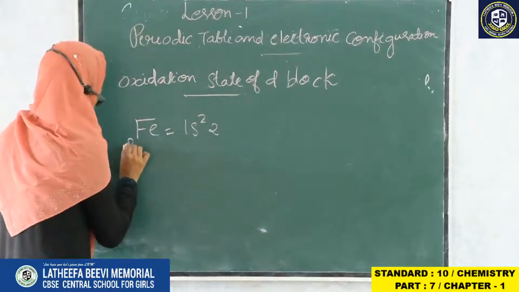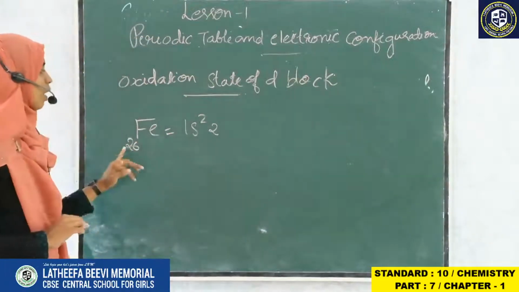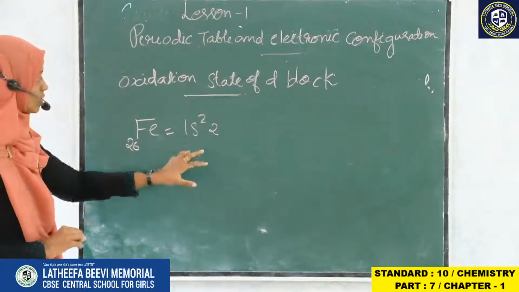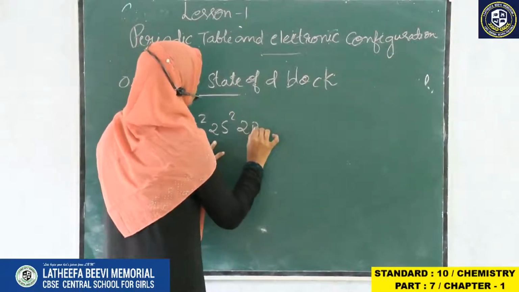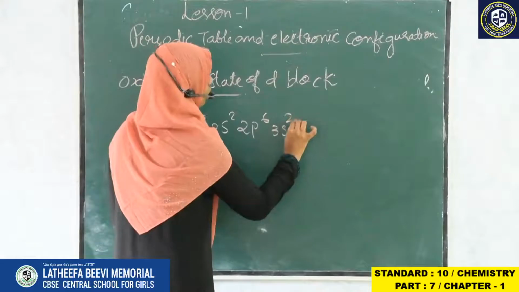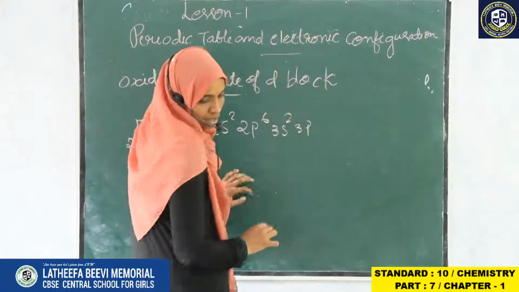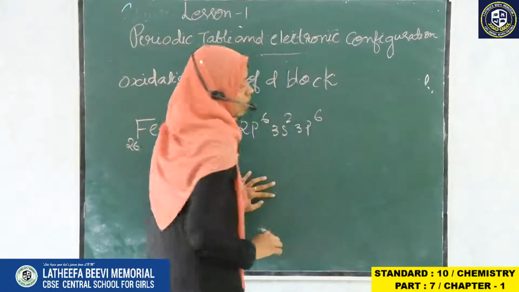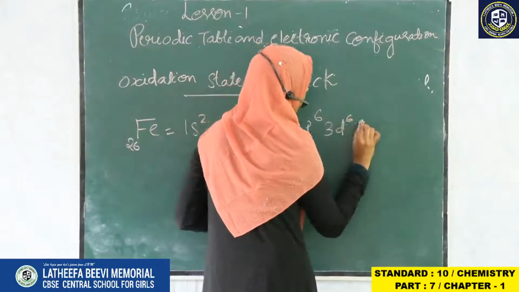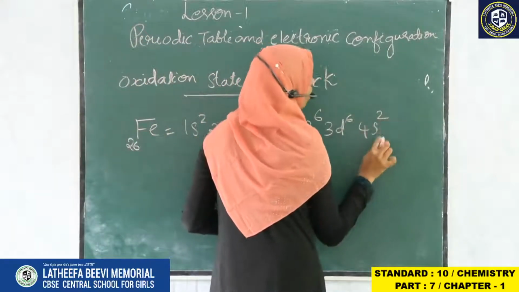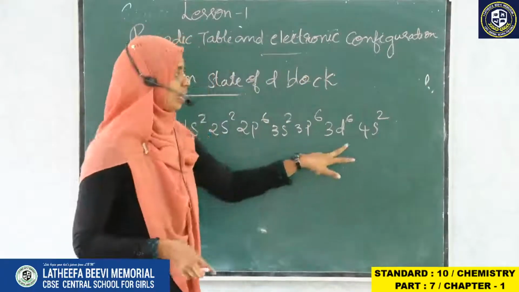The atomic number of iron is 26. And how can we write the electronic configuration? 1s2, 2s2, 2p6, 3s2, 3p6. Then what? 3d6 and 4s2. First we fill the s subshell and then the d subshell according to our rule.